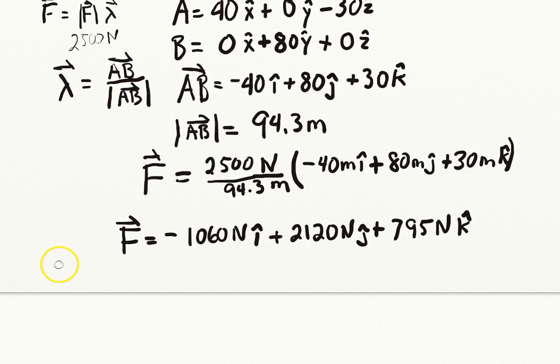The second part of the question asked for the angles, and we can get these pretty much straight off here. So cos theta x is just going to be the X component of the force divided by the total force. That was 2,500 newtons. So it's just minus 1,060 divided by 2,500.